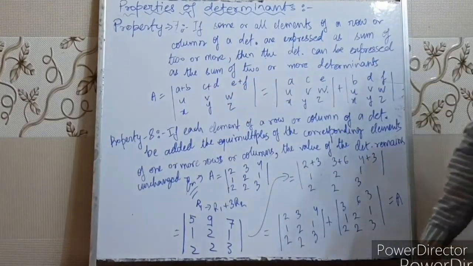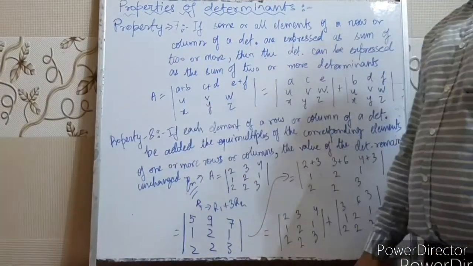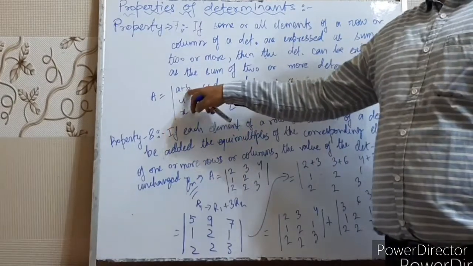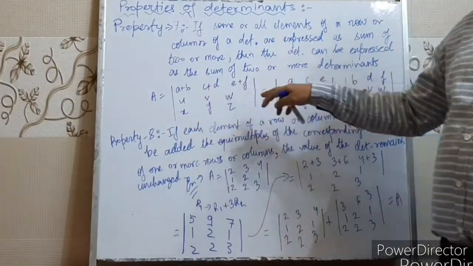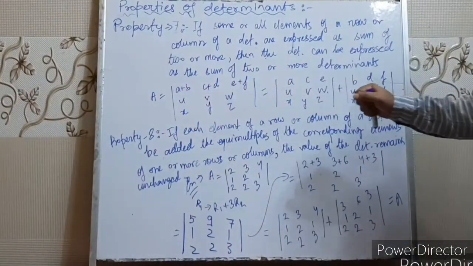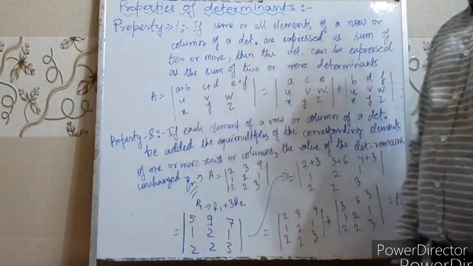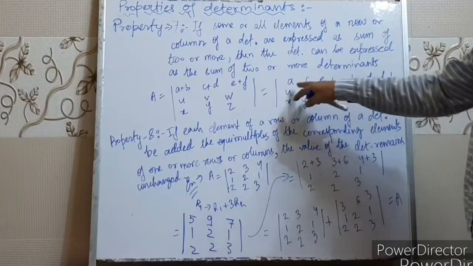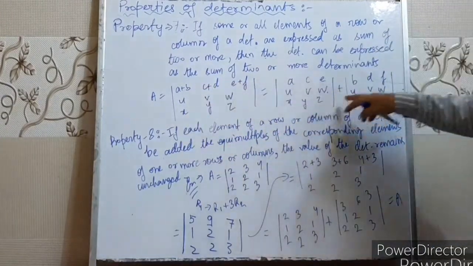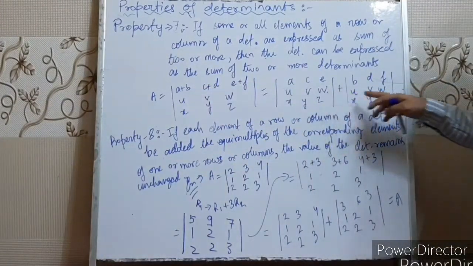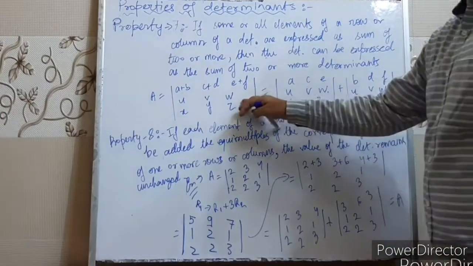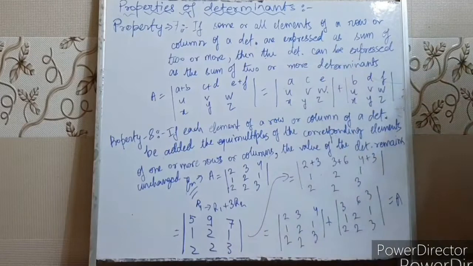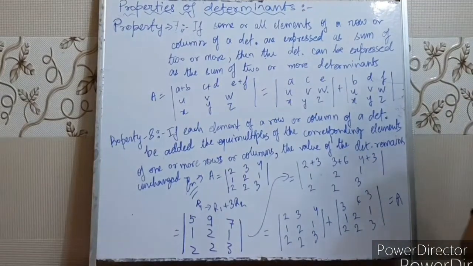Suppose we have any determinant A, and you can see that row 1 has elements A plus B, C plus D and E plus F. That means there is a sum of 2 elements in row 1, and so this determinant we can write as these 2 determinants. So when we expand these determinants and add, the result will be the same, by property 7. Right, children?